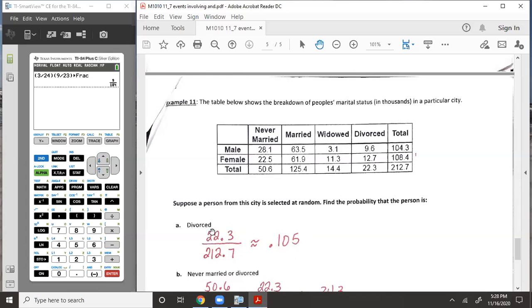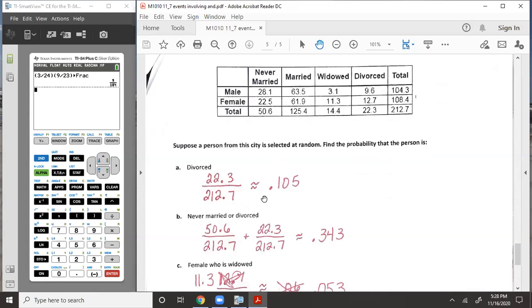And then in the numerator are the number of people that are divorced. We go to this last column here, and the total number of divorced people are 22.3 in this city. So the probability is 22.3 divided by 212.7. And that's equal to 0.105.